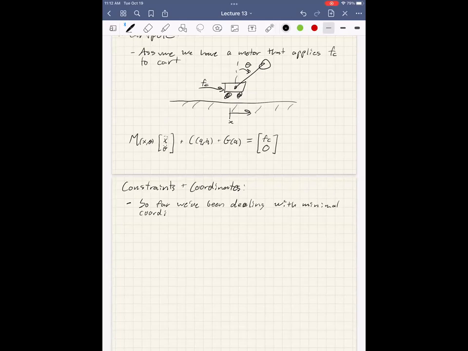Joint space. Yeah, it usually means joint space in robotics applications, but there's a specific technical meaning for minimal coordinates. That's right. So it's the least number of coordinates you can possibly have to describe the system. So it's exactly the same number of coordinates as degrees of freedom. So that often makes sense.